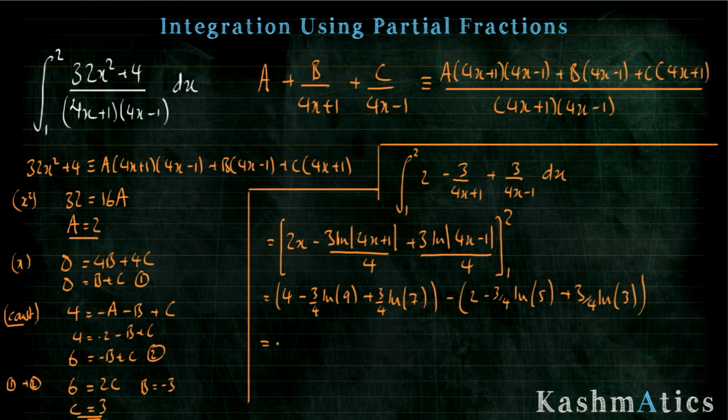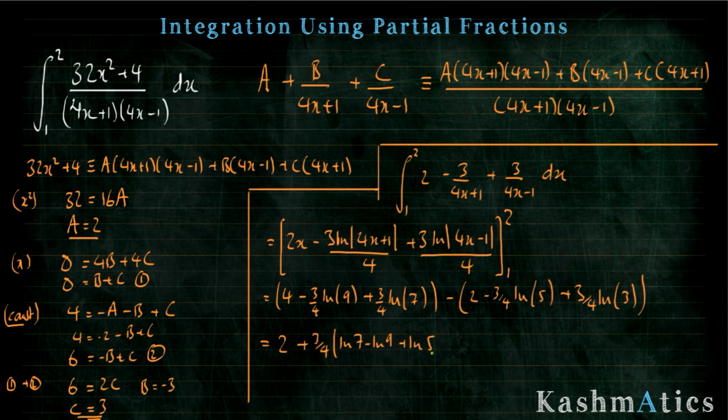Now we just need to tidy all of that up. So I've got 4, take away 2, which is 2. Plus, and I'm going to factorize out the 3/4 here. So I've got ln 7, these are my positive ones first, take away ln 9. Now this will become a positive term because minus and a minus, so it'll be ln 5.